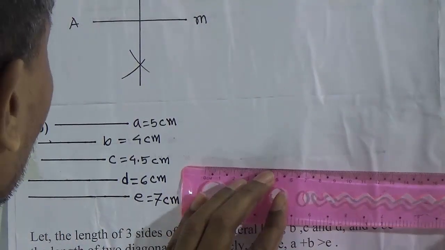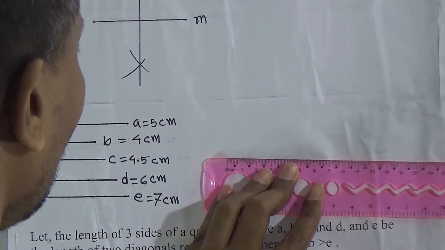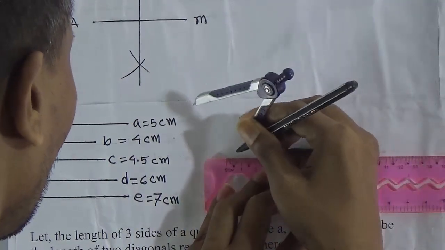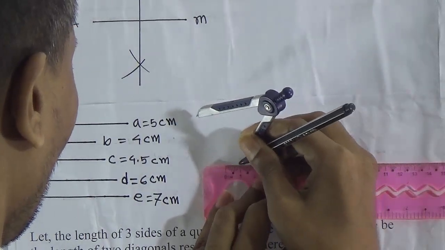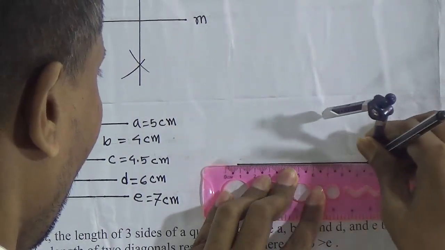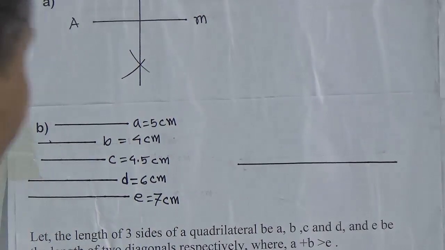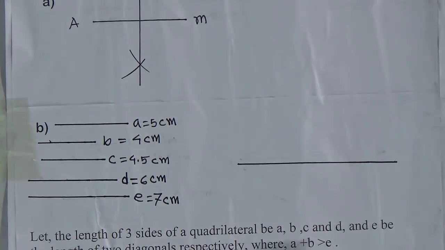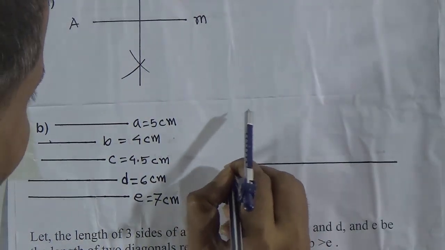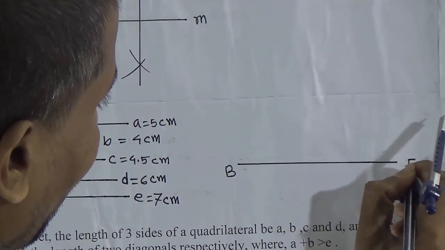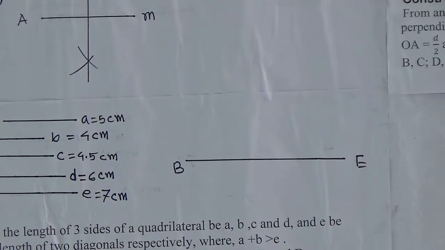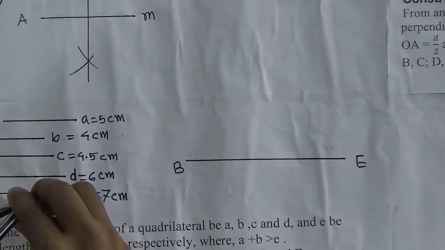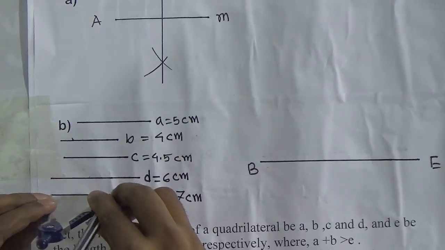Look, at first you take any ray BE. Okay, from BE we cut BD equal to e.